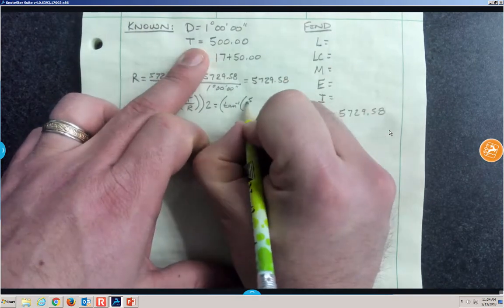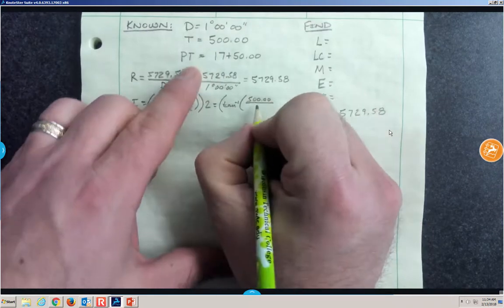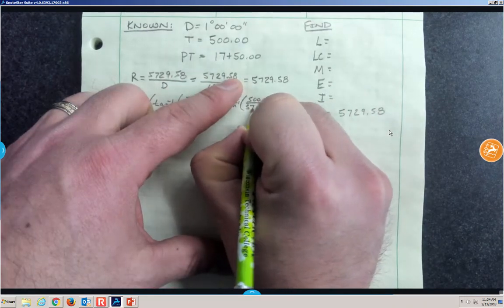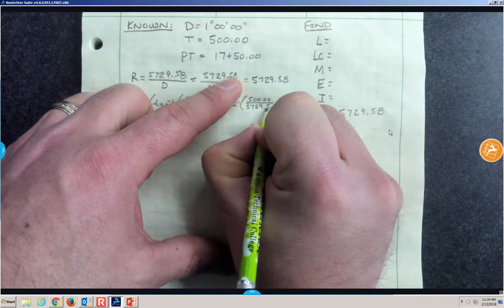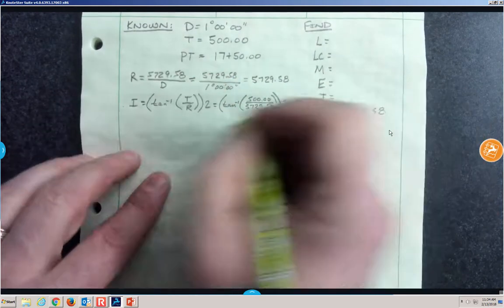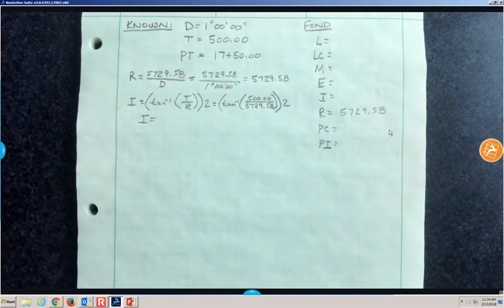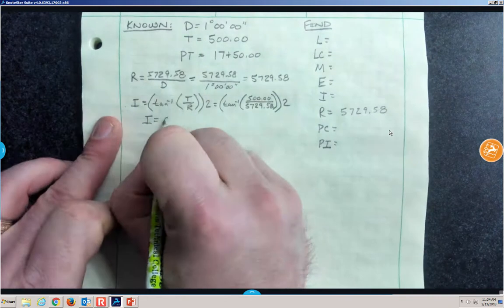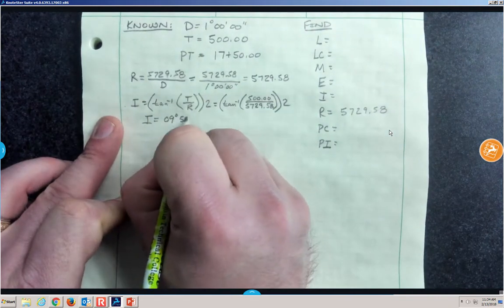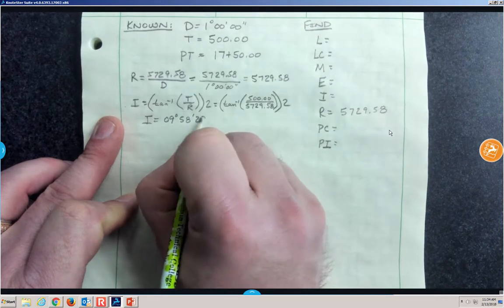T is 500 over R, which is 5729.58, all times 2. So I equals what? 29 seconds.